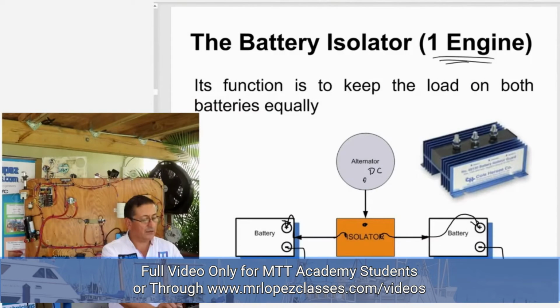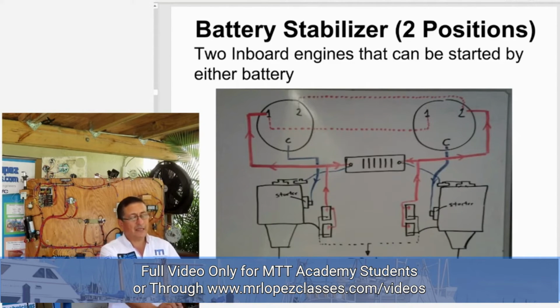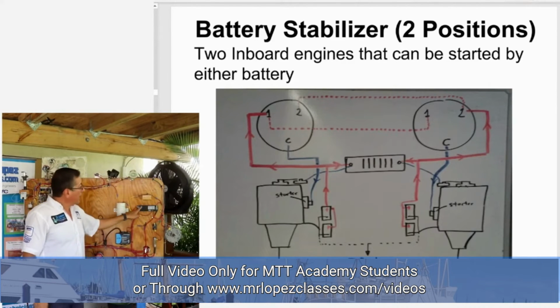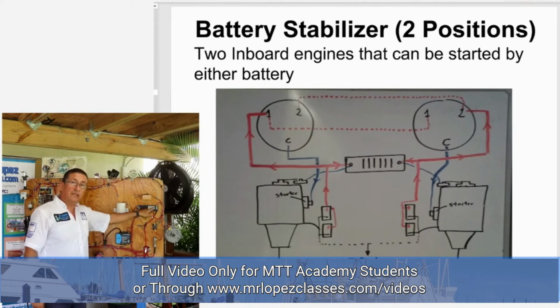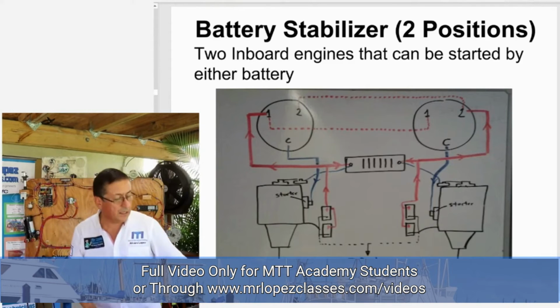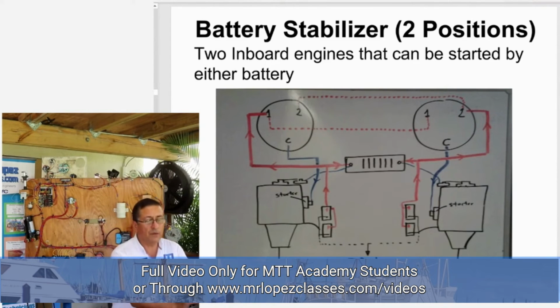I have another ACR, for example, this one. This is excellent. I love this picture. This battery isolator or ACR is exactly like the ACR that we have in the picture. Let me follow the diagram.